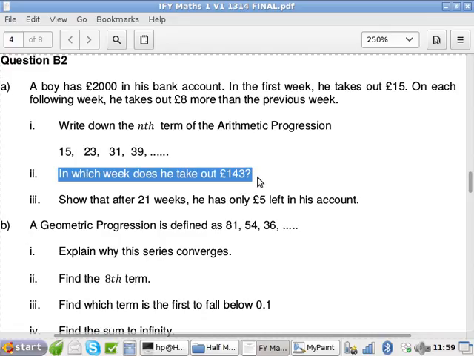Finished? Yeah. How many marks for this one, do you think? 2. Yeah. Let's have a look. It should only take you like 1 minute to do.